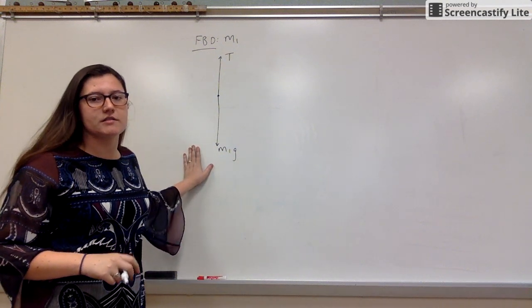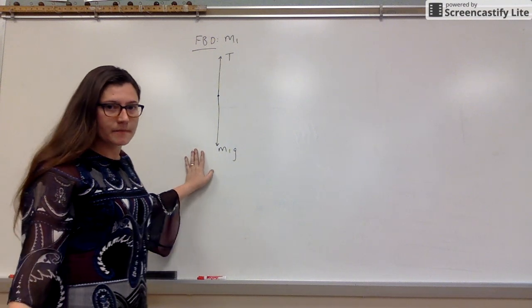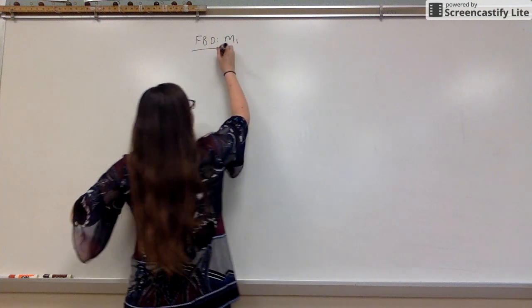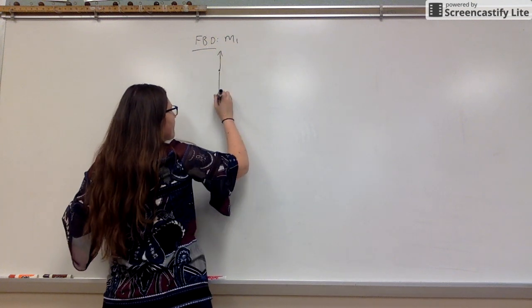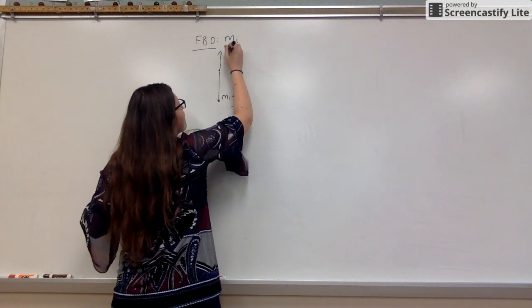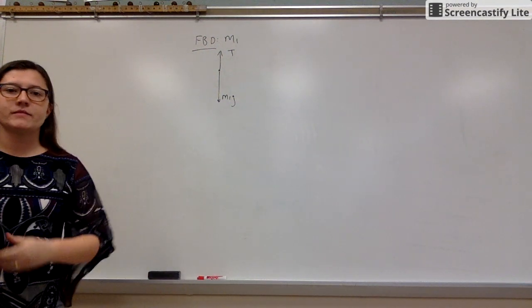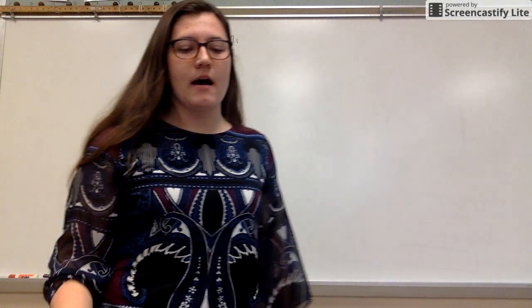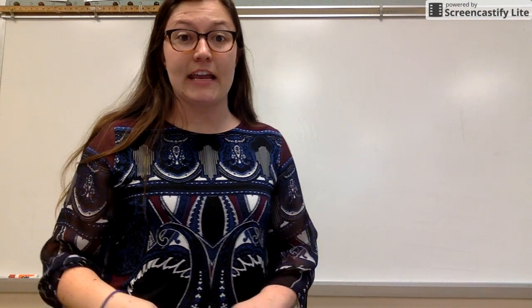I'm going to make this a little bit smaller so that I can fit some of the calculations on the board. Okay, next we need to assign direction. According to our diagram, we can figure that M1 is going to accelerate upward. So we're going to assign up to be positive and down to be negative.